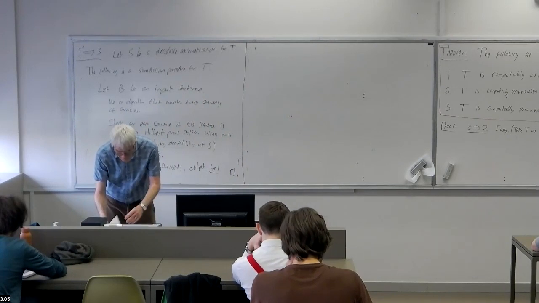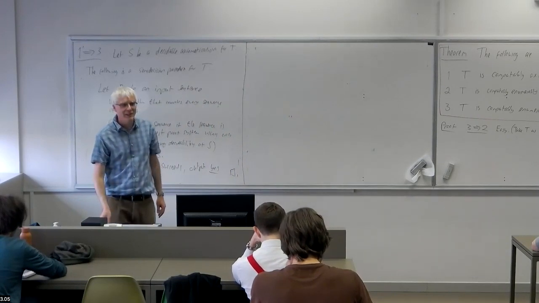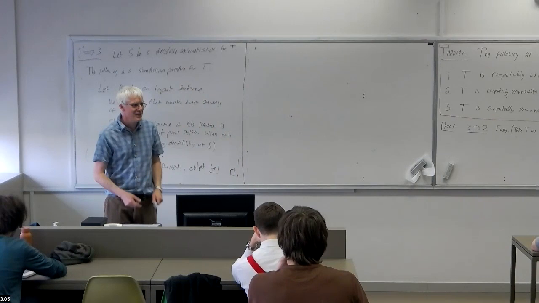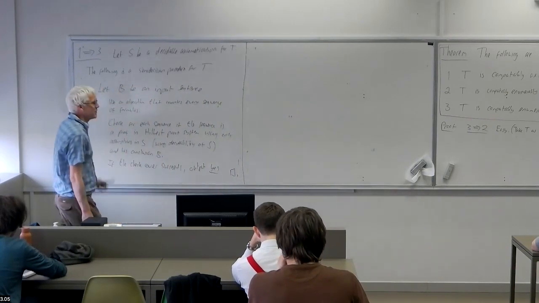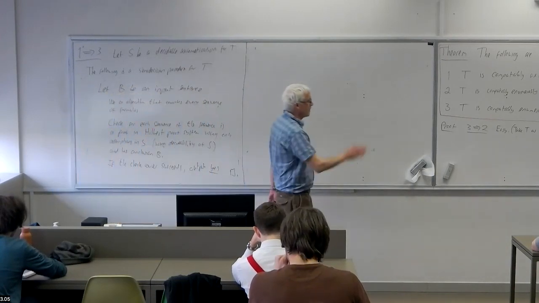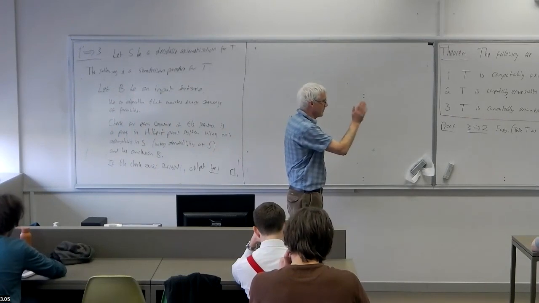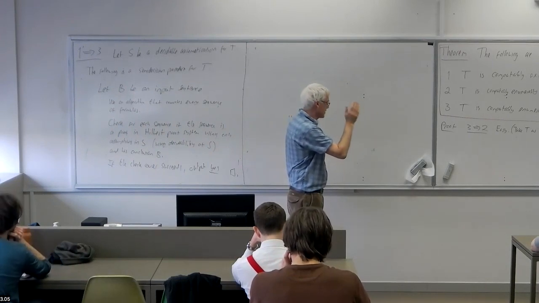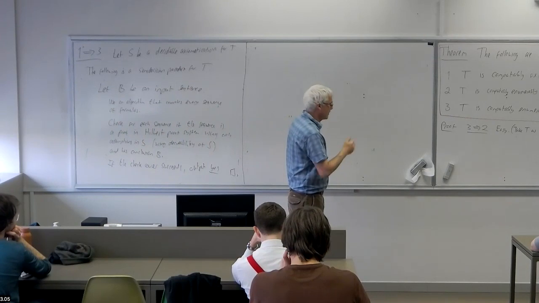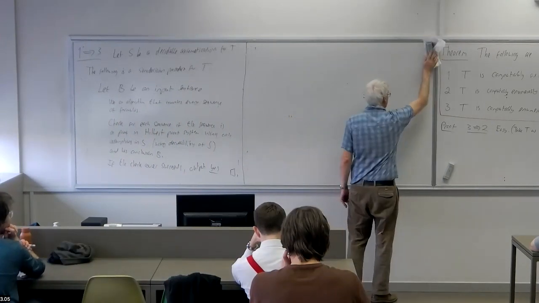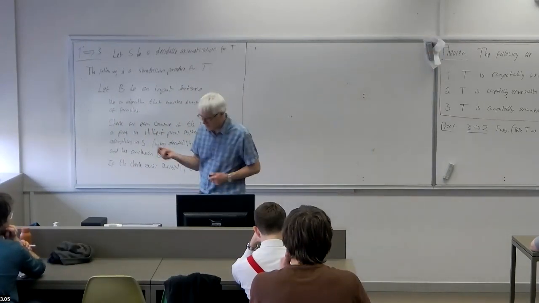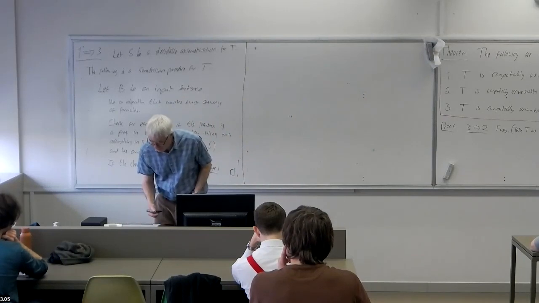Actually, both examples in the lecture have finite axiomatizations, which is obviously a computable axiomatization. But this result will be very useful when we come to Gödel's theorem and number theory, because the notion of computable axiomatization is going to be really important. So it's good to have got that out of the way.